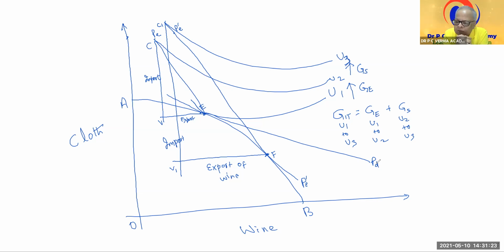More specialization, more production, more export, more import, and a final situation U3. In the final situation, consumption is at C1. Consumption has also shifted from E to C1. Production has also shifted from E to F.